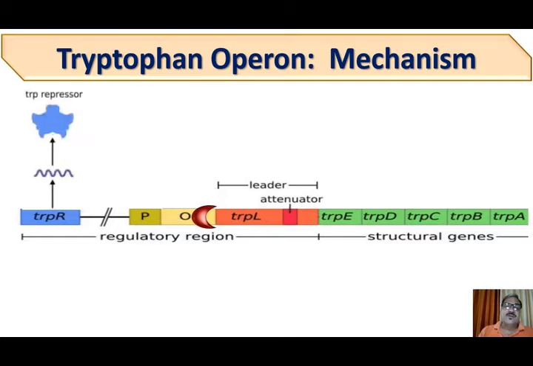Now here, this TRPR, the tryptophan regulator gene, synthesizes this tryptophan repressor, and when the tryptophan molecules in the medium are more in number, they bind with the repressor and bring about a change in its structure, enabling this transformed structure to bind with the operator gene and thus prevent transcription.